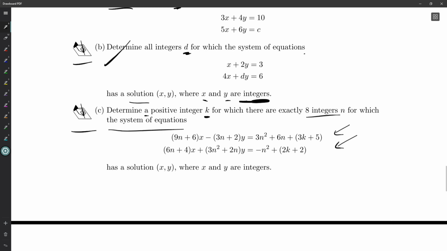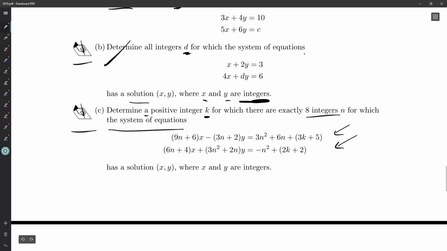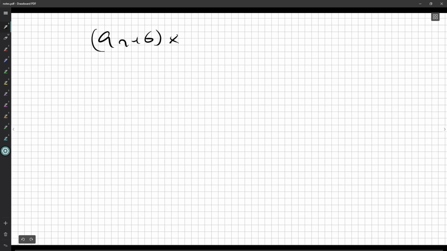Okay, let's start copying this down in the notepad. 9n plus 6x, what was the other x? Because I'm going to have to multiply these together. 6n plus 4. Oh, so these are both 3n plus 2 times something.